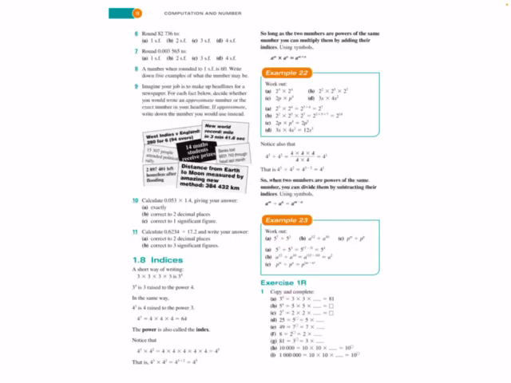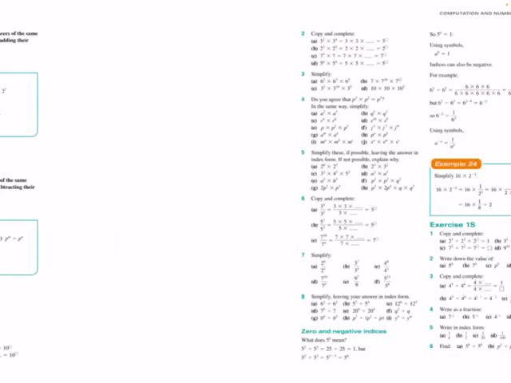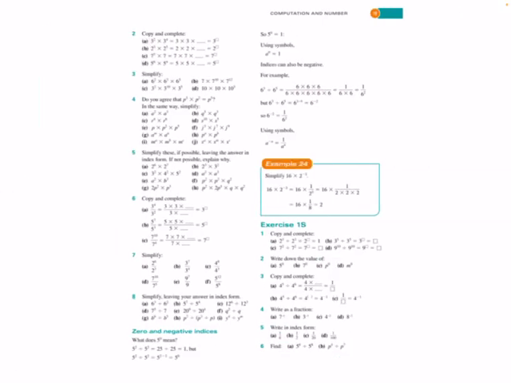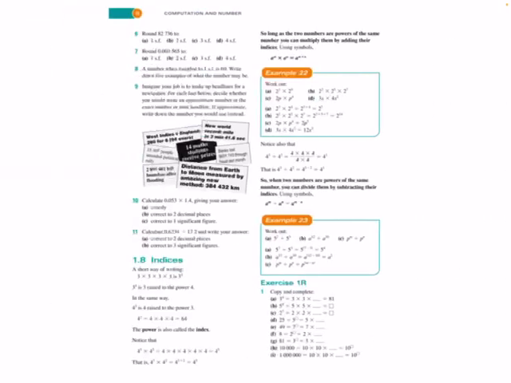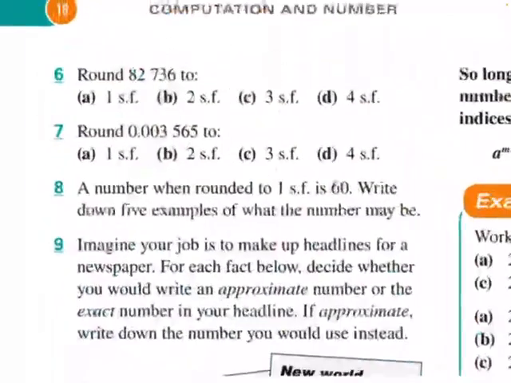No, wait. 18 and 19 because it starts at 18. Page 18 and 19. All the first ones. The first one also? So 18 starts from 1.8. So not this. Only indices.